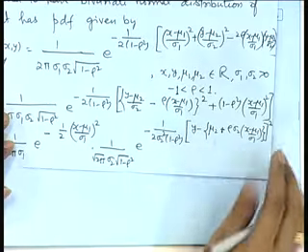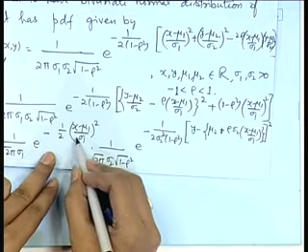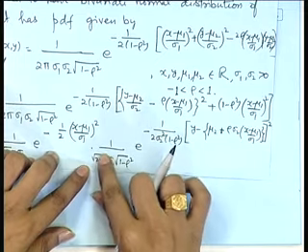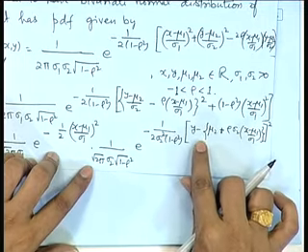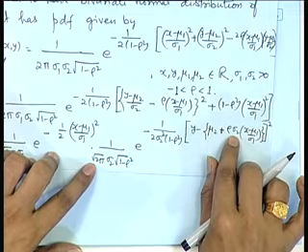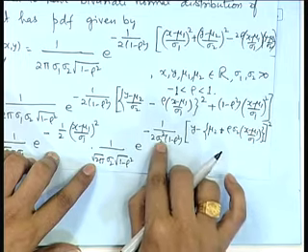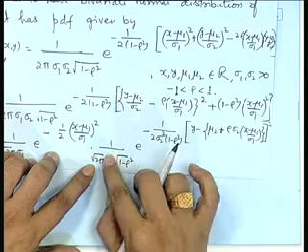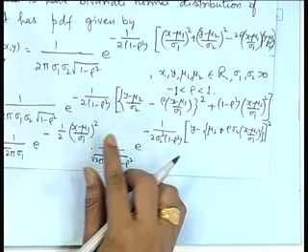So, if we want to find out the marginal distribution of x, we can integrate this with respect to y, and we notice here that this entire term denotes a distribution which is normal with mean mu 2 plus rho sigma 2 (x minus mu 1) by sigma 1 and variance sigma 2 square into (1 minus rho square). So, if we integrate with respect to y, this term will give us unity and we will get only this term.